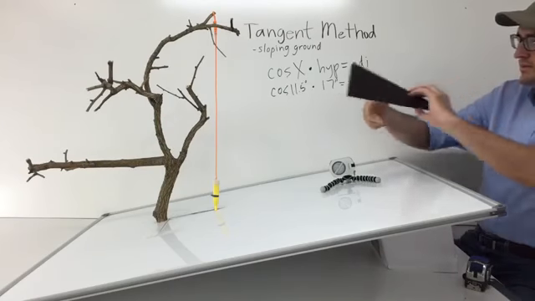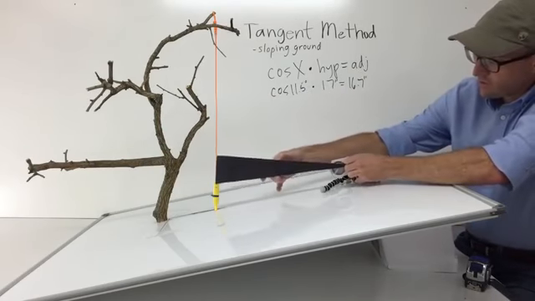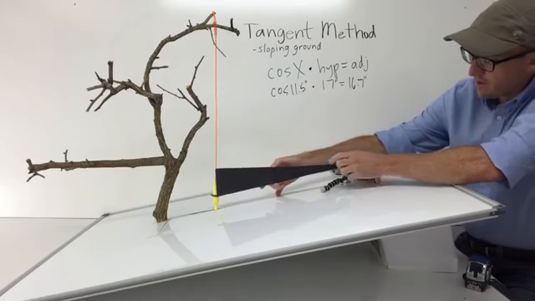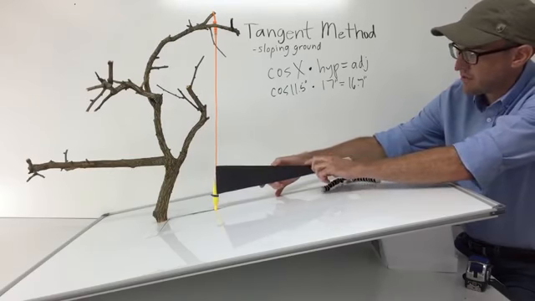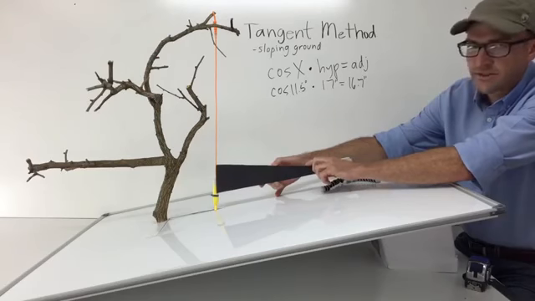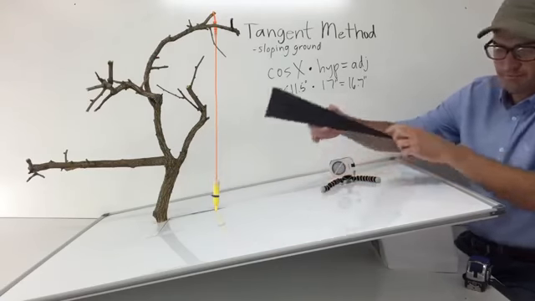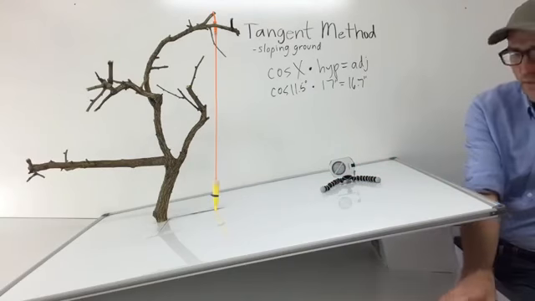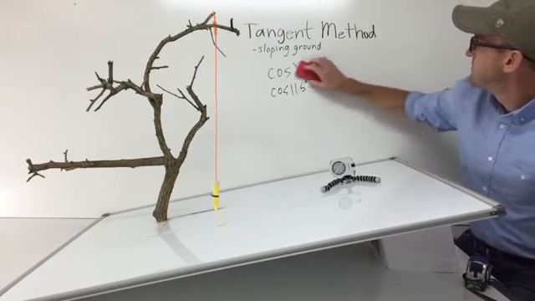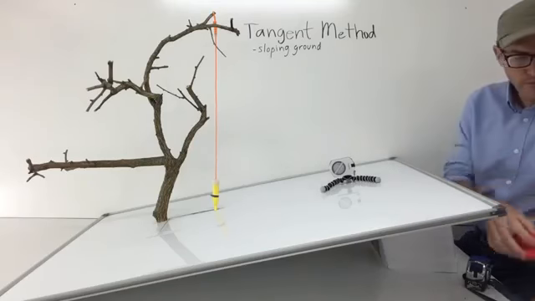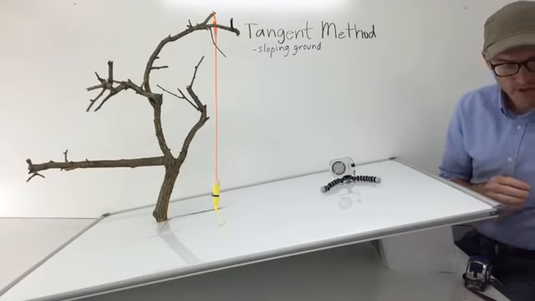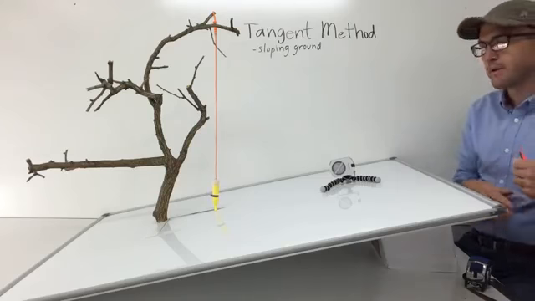Alright, so in this case, we've used cosine, and by utilizing the formula, we found out the proper baseline for our tangent-based measurement of 16.7 inches. So from there, we can go ahead and do our tangent-based measurement.